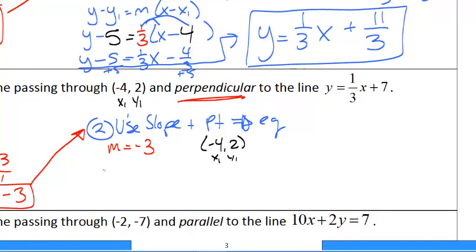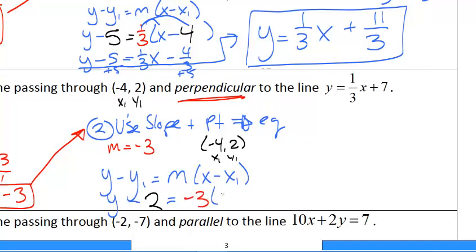And then I use point-slope form. y minus y1 equals m parentheses x minus x1. So we have y minus y1, which is 2, equals m, which is negative 3, parentheses x minus x1. And in this case, x1 is negative 4.